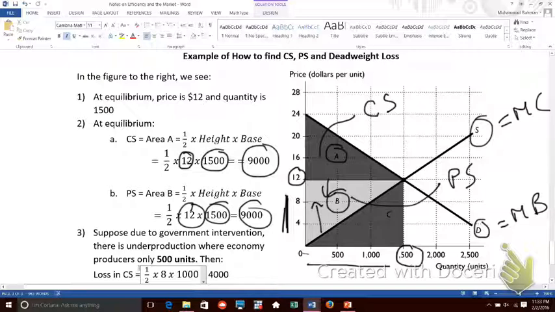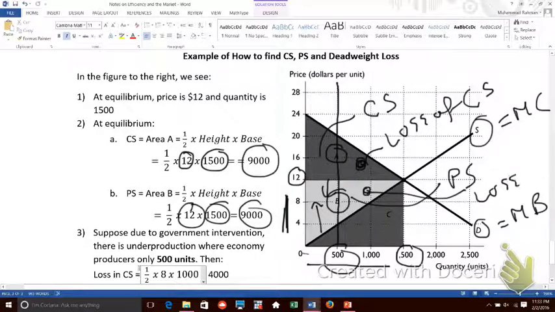Suppose now, imagine that for some reason government intervenes and makes a decision, imposes the condition that only 500 units of output will be produced. So when 500 units of output will be produced, I want to draw a line to indicate that at 500 level of output, this will be the loss of consumer surplus from the consumer's perspective, and this area will be the loss of producer surplus.